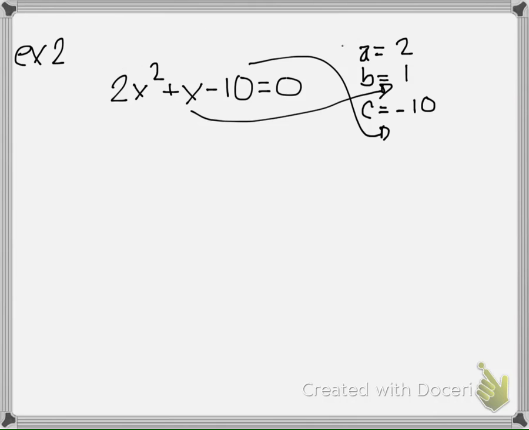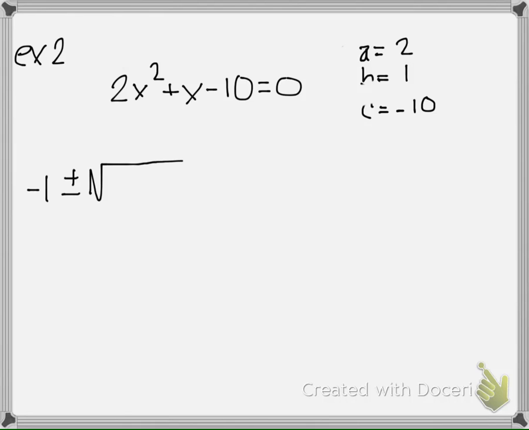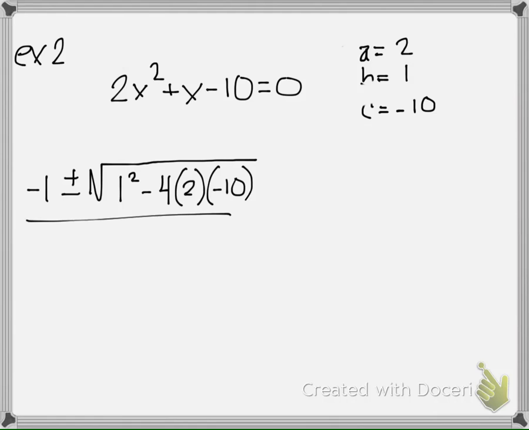Let's just erase this so it's not so messy here. Okay. Moving along, we remember quadratic formula says opposite of b plus or minus the square root of b squared minus 4 times a times c. All of that has to be over 2a.